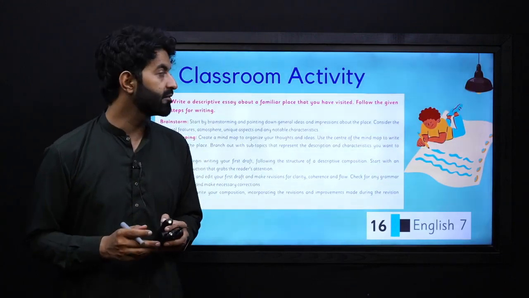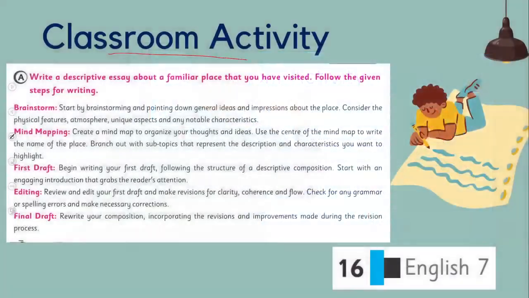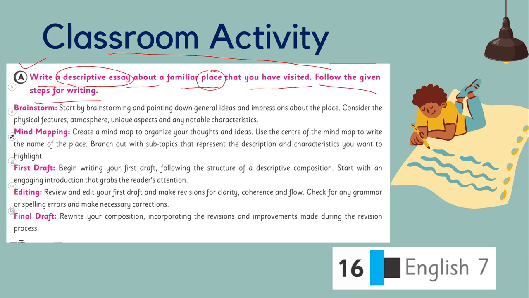Now moving on with our classroom activity from page 16 of your book. This is question A. You have to write a descriptive essay about a familiar place that you have visited. Follow the given steps for writing.